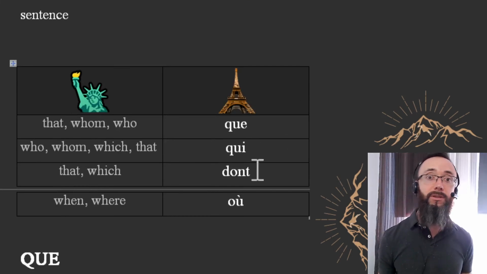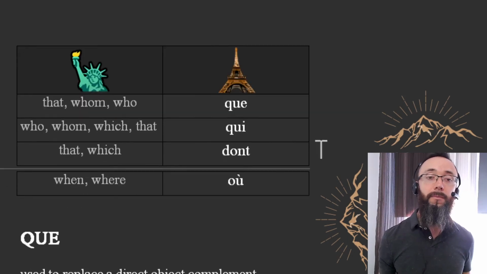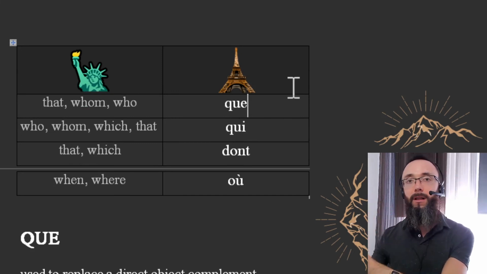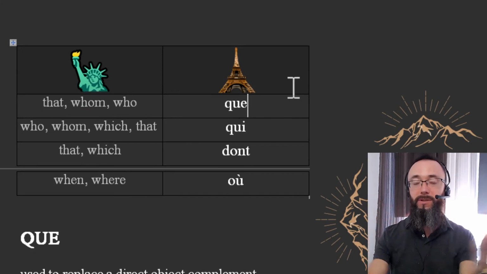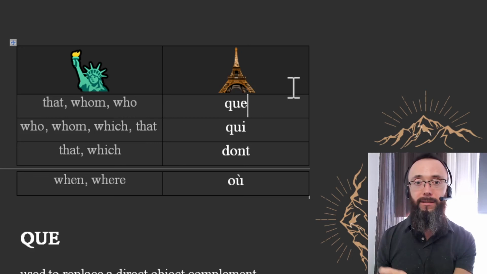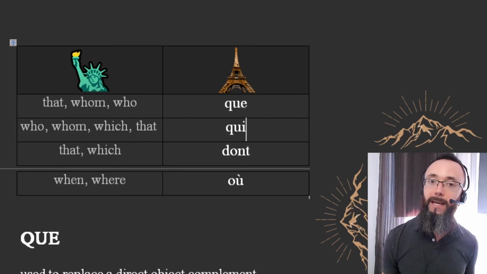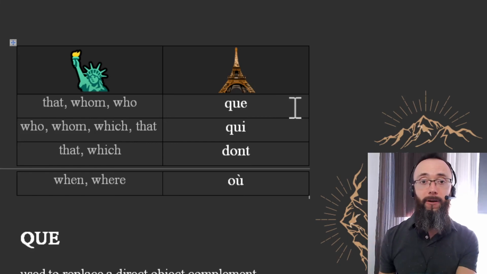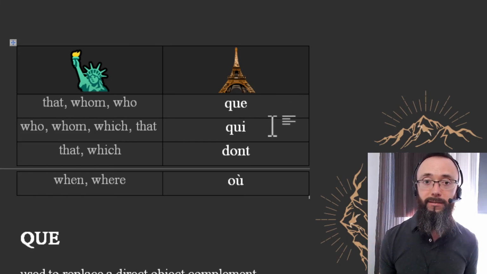But let's resume now. What can we say about que? Que replaces a direct object complement, which means that when it connects two sentences, it is followed by a subject, which is not the case of qui, which is followed by a verb because it replaces a subject.